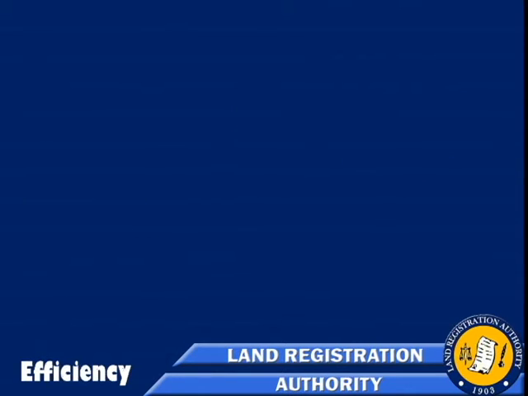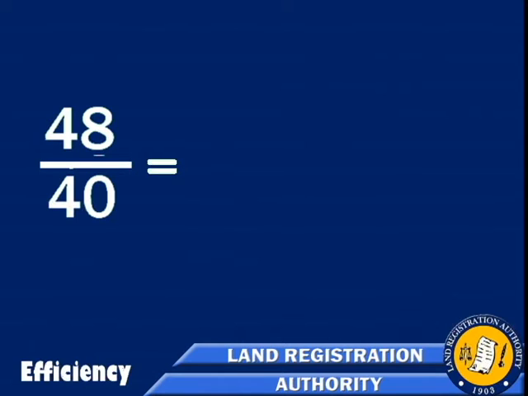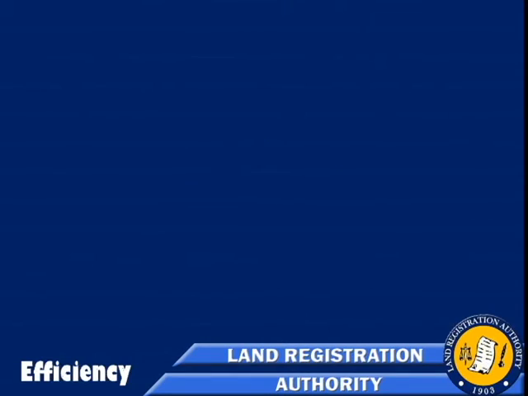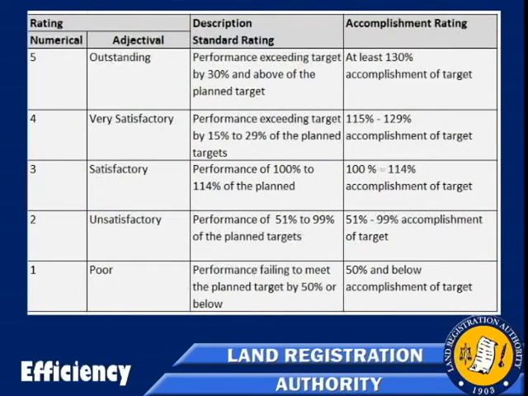We will then compute 48 over 40, which is equivalent to 1.2 or 120%. Therefore, referring back to the rating scale, the numerical value is 4 and the adjectival is very satisfactory.